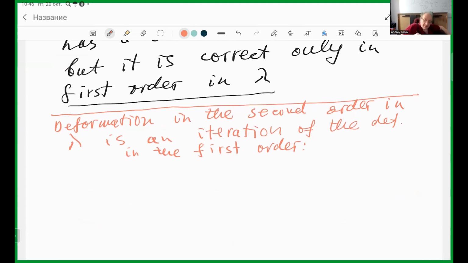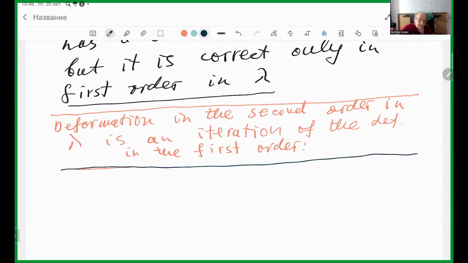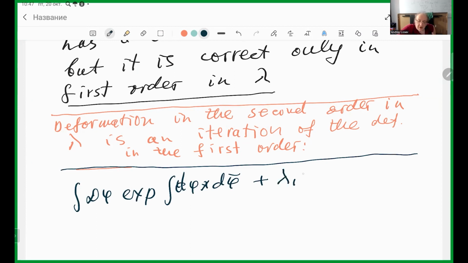So what does it mean? I will write it like this. Integral d phi exponential d phi star d phi bar. Here I put lambda 1, phi square, phi bar square.